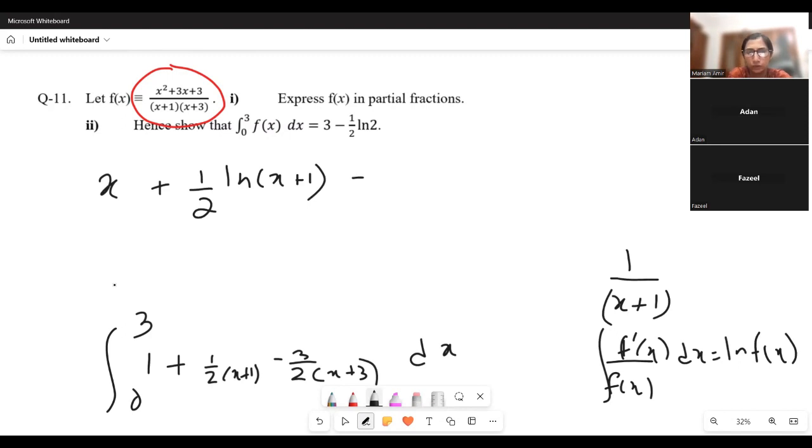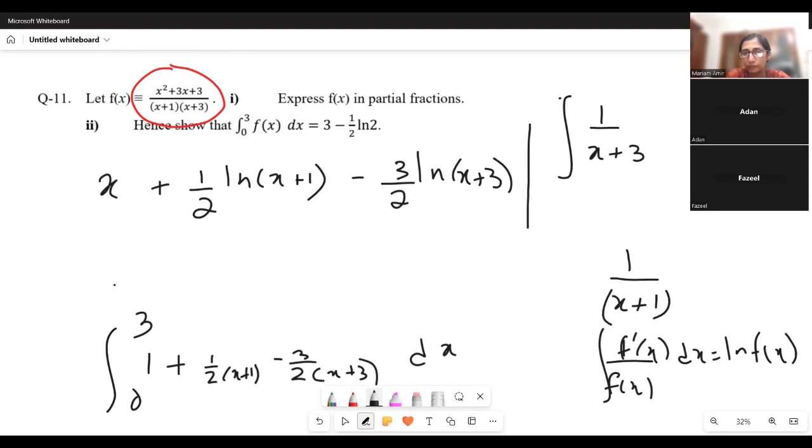And then again, coefficient can be brought outside of the integral sign, and then we have integration of 1 upon x plus 3. Same rule here, we have an fx in the denominator and its derivative in the numerator, which is 1. So this becomes ln x plus 3. And instead of writing plus c, we write the limits 3 to 0.